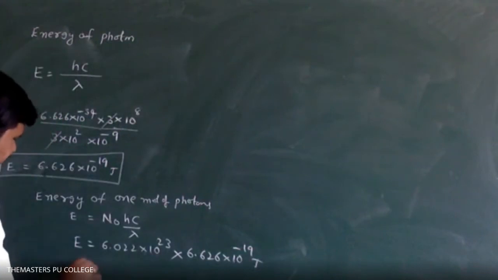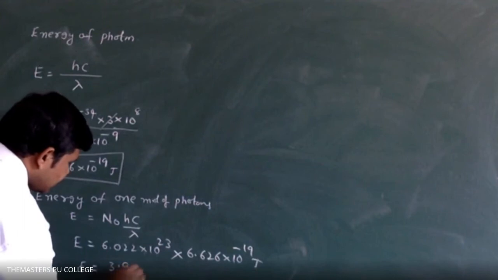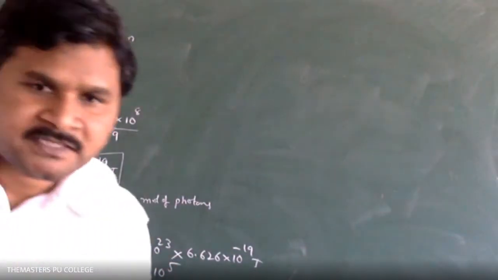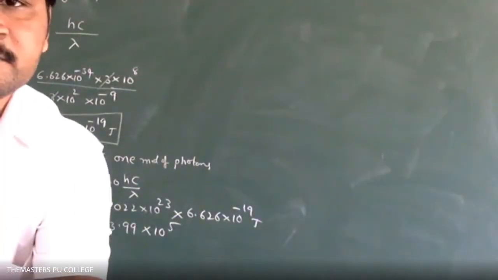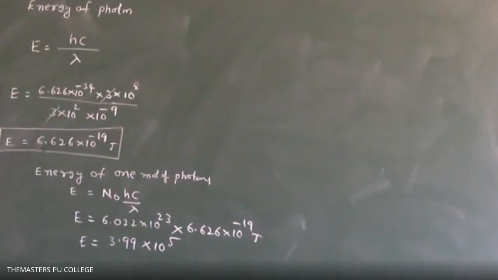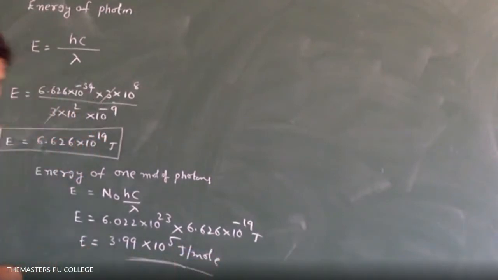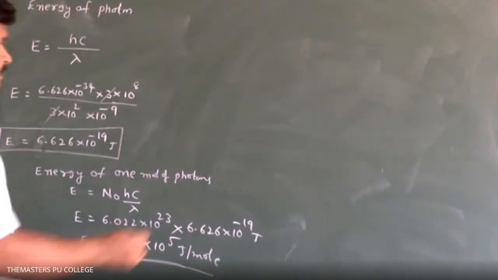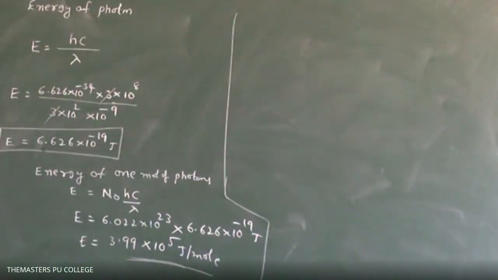E is equal to 3.99 into 10 power 5 joule per mole. This is for a mole. For 1 electron, what do we have to take?